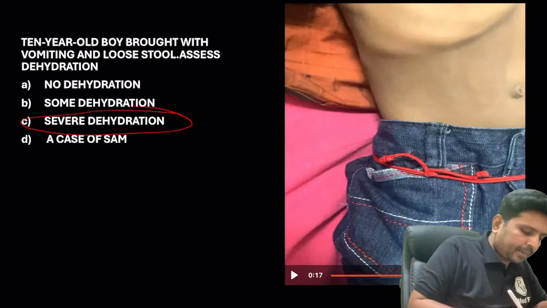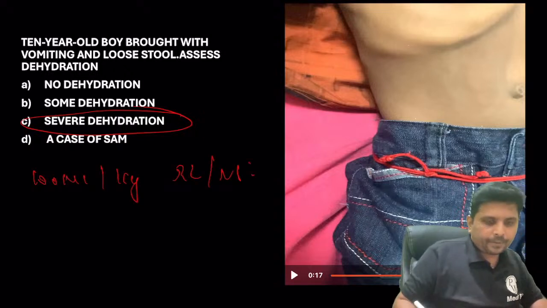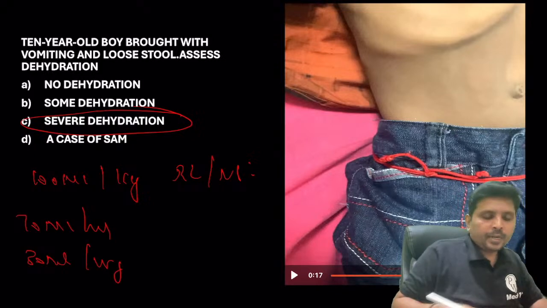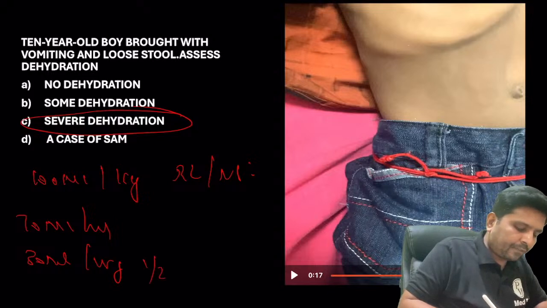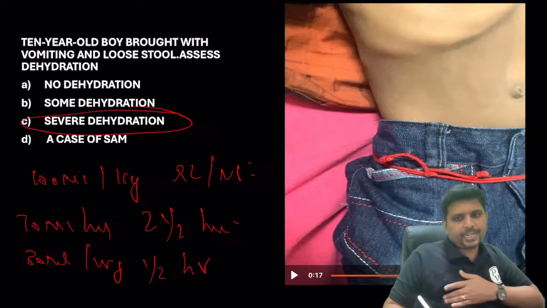What is the treatment? 100 ml per kg of oral or normal saline, 30 ml per kg in half an hour, then 70 ml per kg in the next 2.5 hours because the child is more than 1 year.